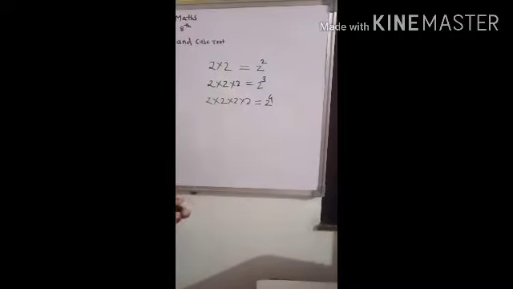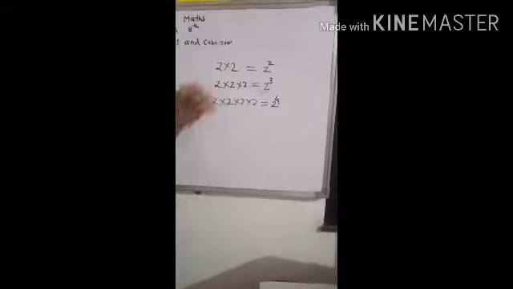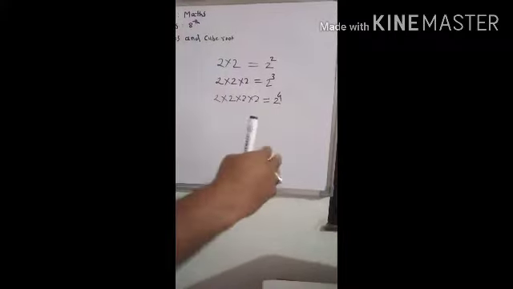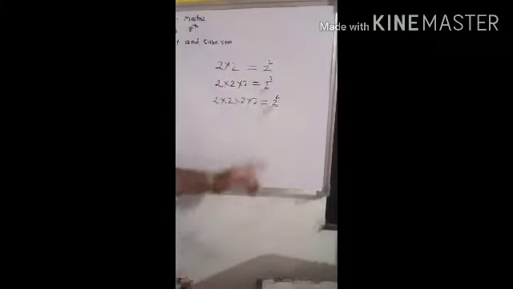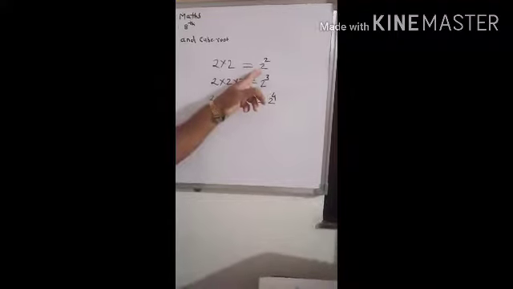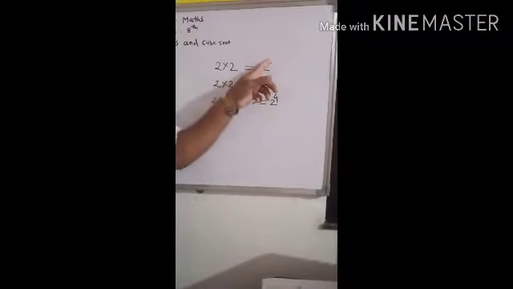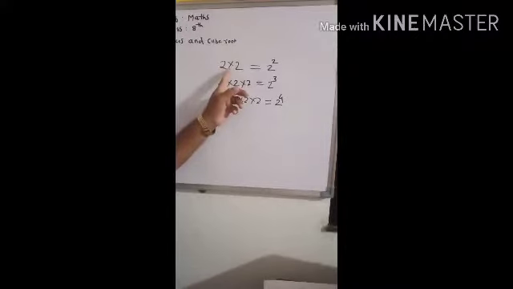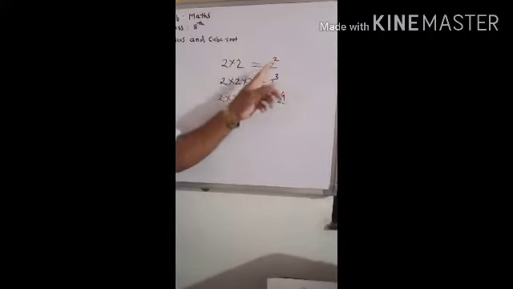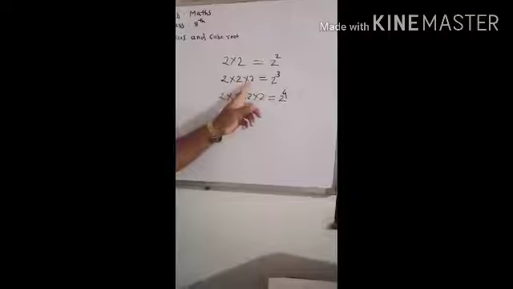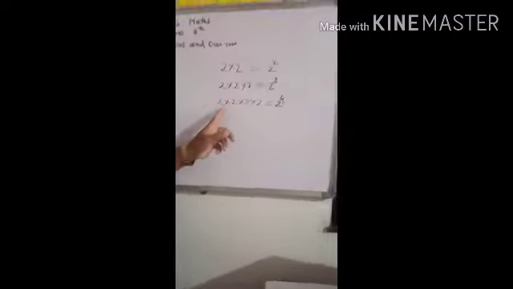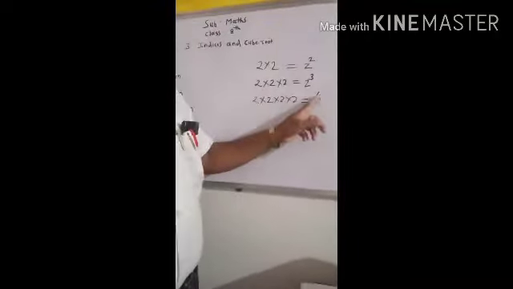It means that when any same number is multiplied many times, then we can write this with base 2 and a power. When the multiplication is 2 times, the power will be 2. When the multiplication is 3 times, the power will be 3. When it is 4 times, the power will be 4.